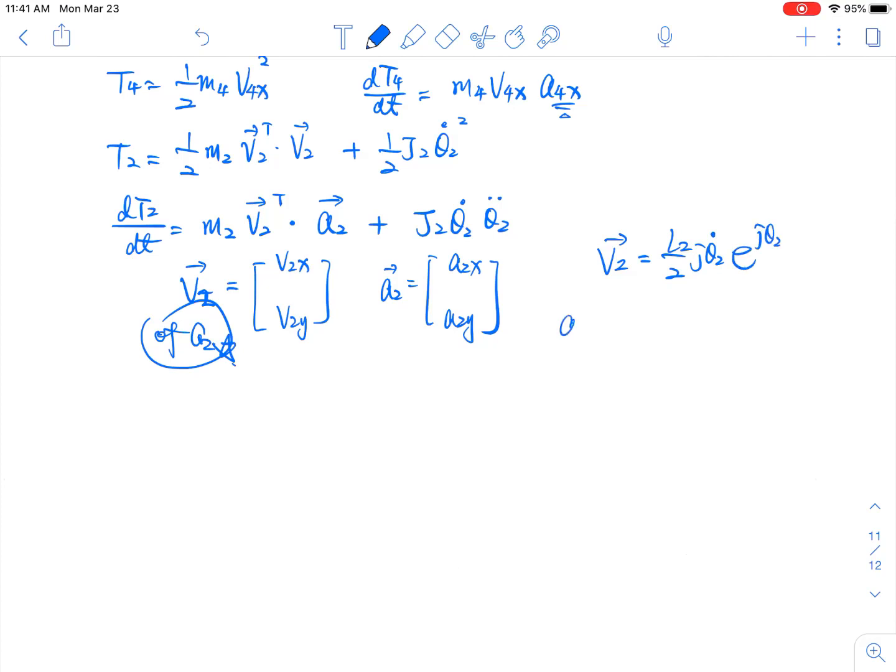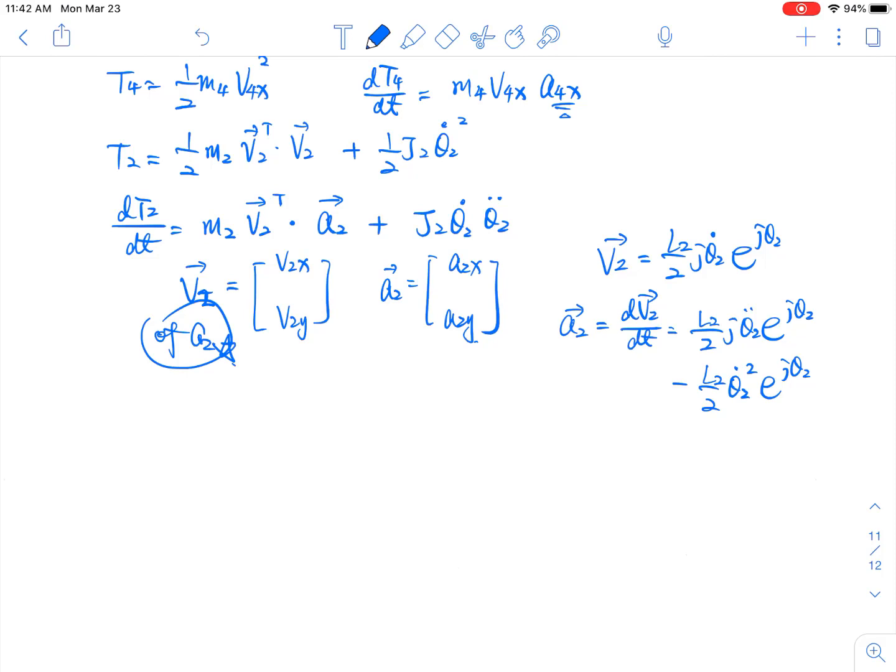It's half L2 j theta 2 dot e^(j theta 2). By definition, your a2 is going to be one more time derivative, right? So that becomes L2 j, minus, all right, so that's your acceleration. So your a2x is the real part of this a2 vector, and a2y is the imaginary part.